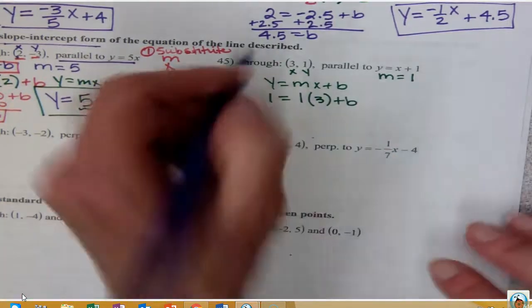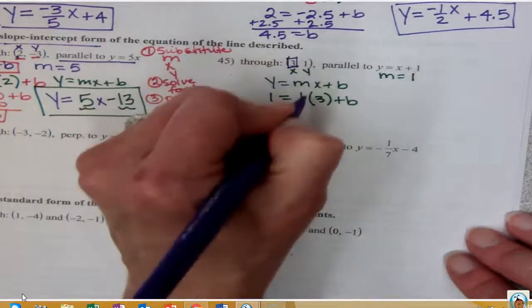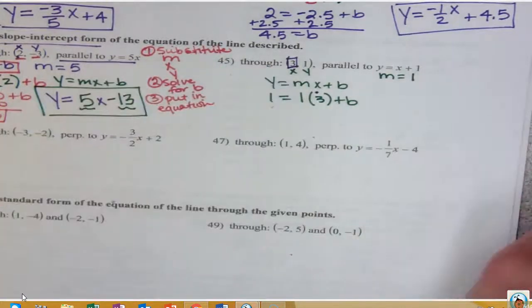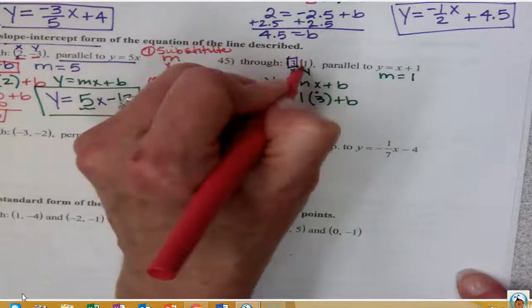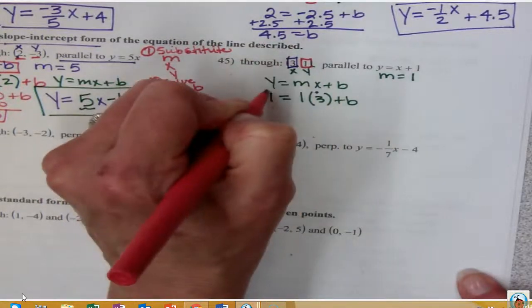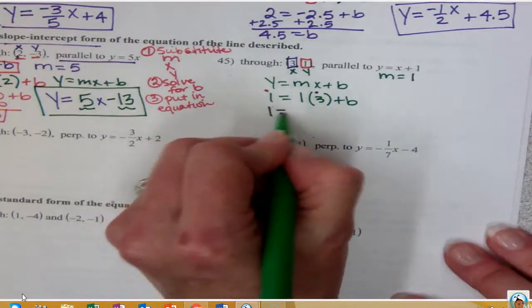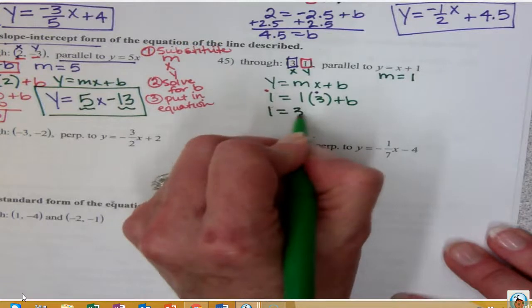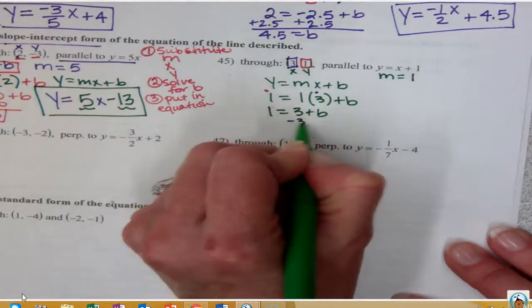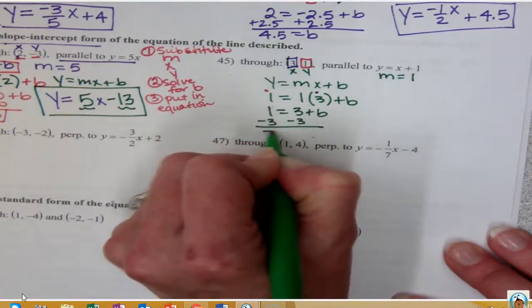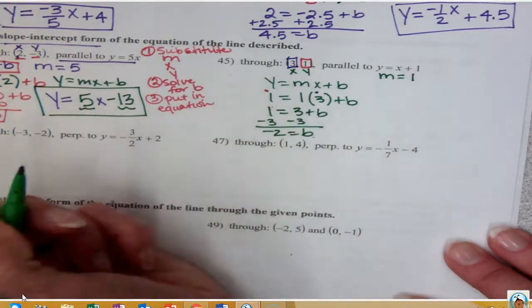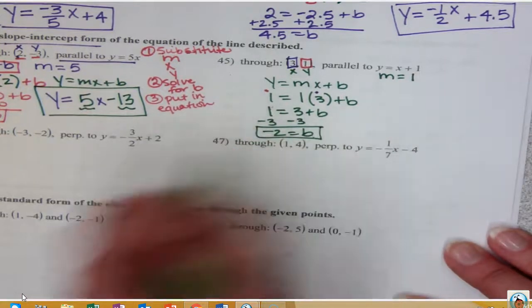So I get 1 equals 3 times 1 is 3 plus b. I'm going to subtract 3 from both sides. Negative 2 equals b.